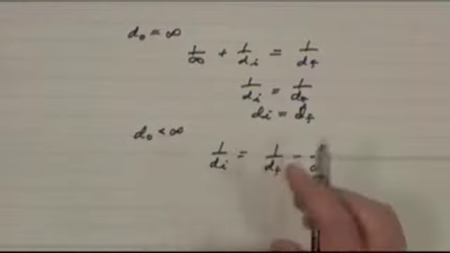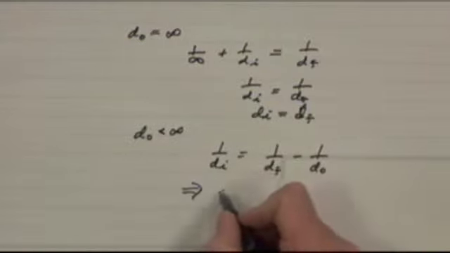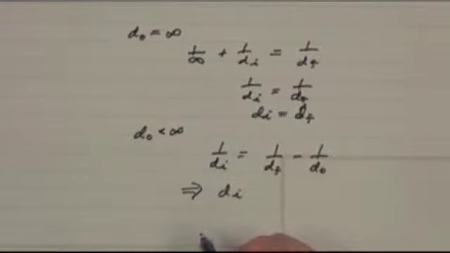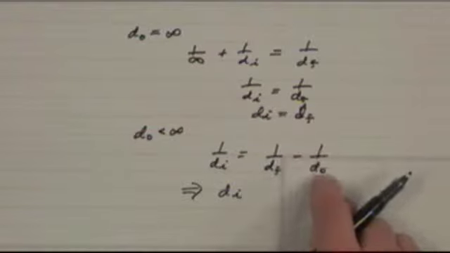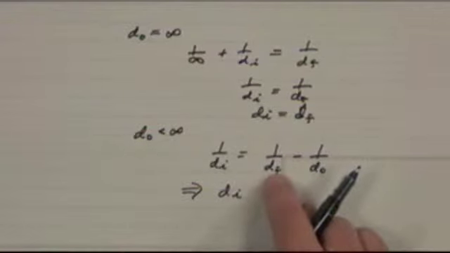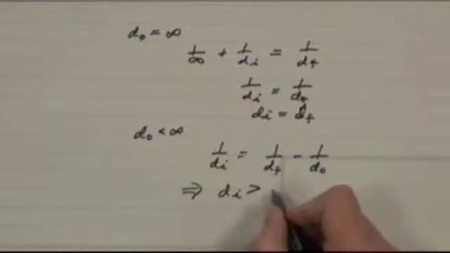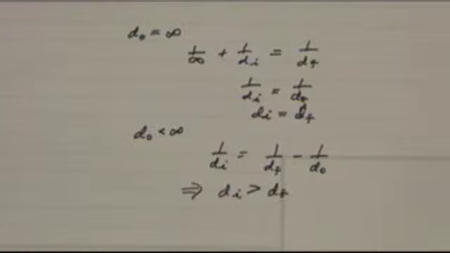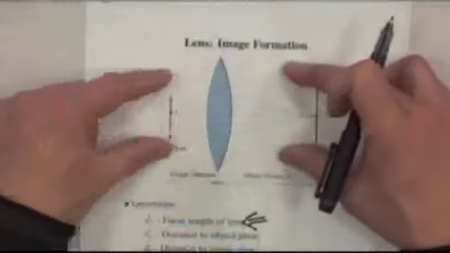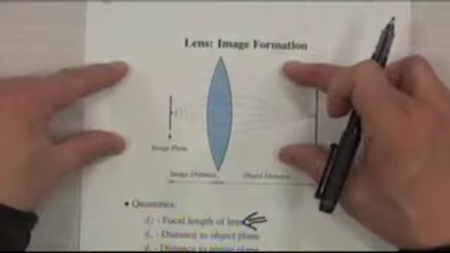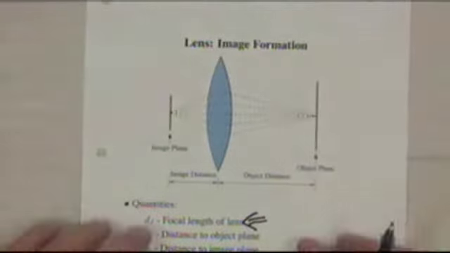So that makes this smaller, and the reciprocal of a smaller number is larger, so that means d sub i is greater than d sub f. So as the object moves in, the image plane moves out, and the relationship is controlled by that equation.